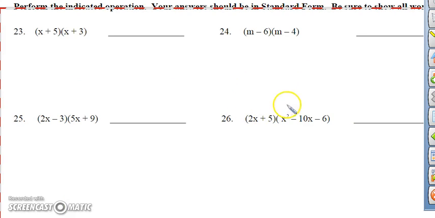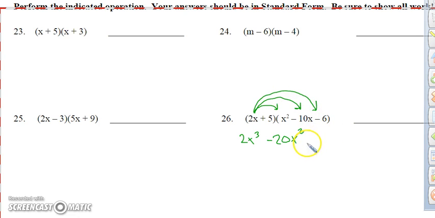And then finally, this guy right here, 26. This is just the same thing with a trinomial, just double distribute. 2x times x squared is 2x cubed. 2x times negative 10 is negative 20x squared. 2x times negative 6 is negative 12x. Okay, there's my first one.